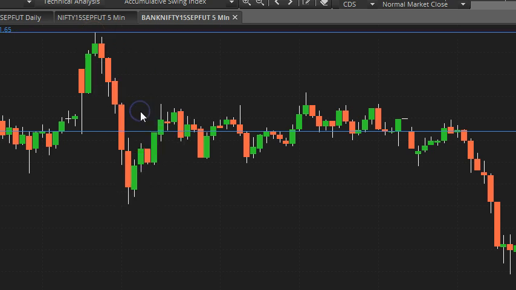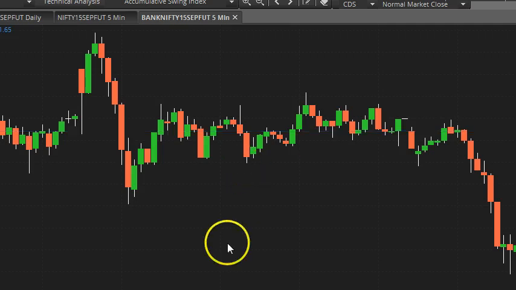After 9:30 it did not go up and break on the upside. Instead, it came down and broke on the downside. The opening hour trend was negative, and on the daily chart also, on Heikin-Ashi, we were in negative trending mode.